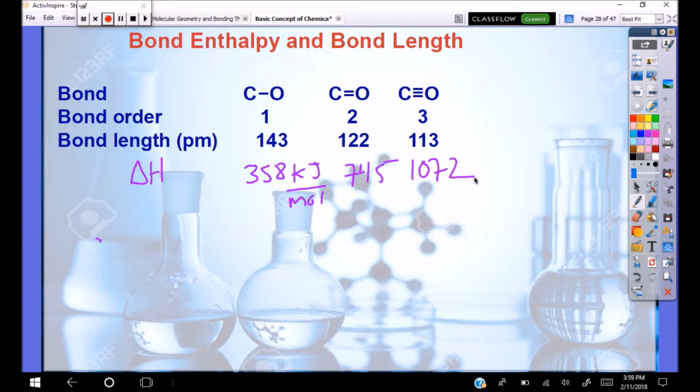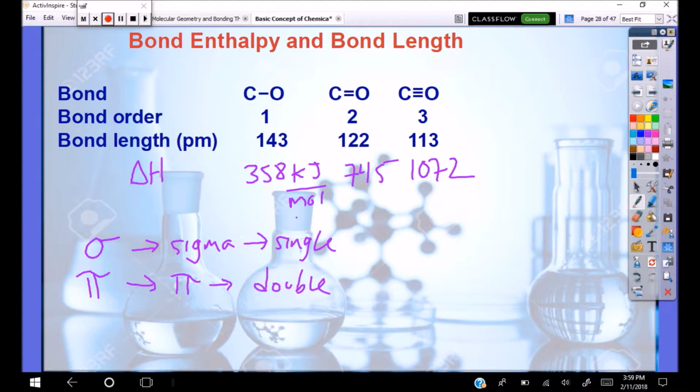So when we talk about bonding a little bit more and the geometries, we have pi bonds and sigma bonds. A sigma bond is the same as a single bond. And then we have a pi bond. This is the same as the double part of the double bond. So here, say this is our single bond. This would be a sigma.